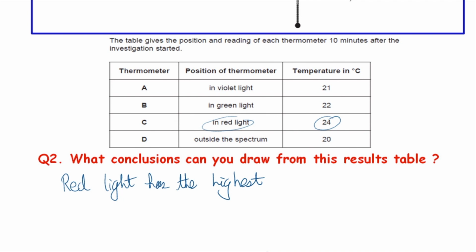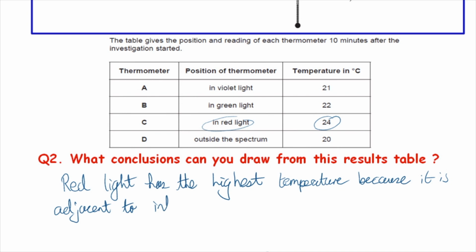Red light has the highest temperature because it is adjacent to infrared in the electromagnetic spectrum, EM spectrum.